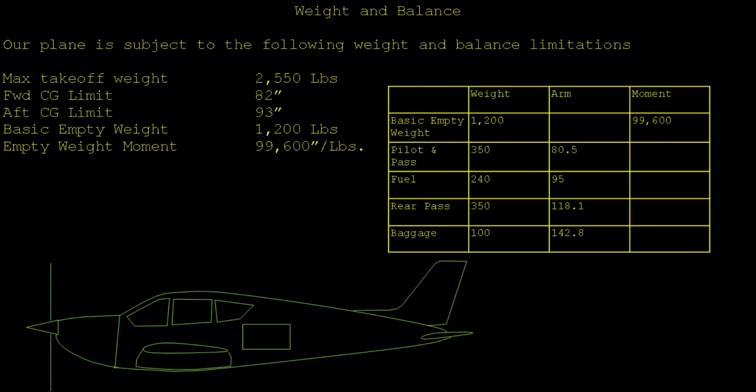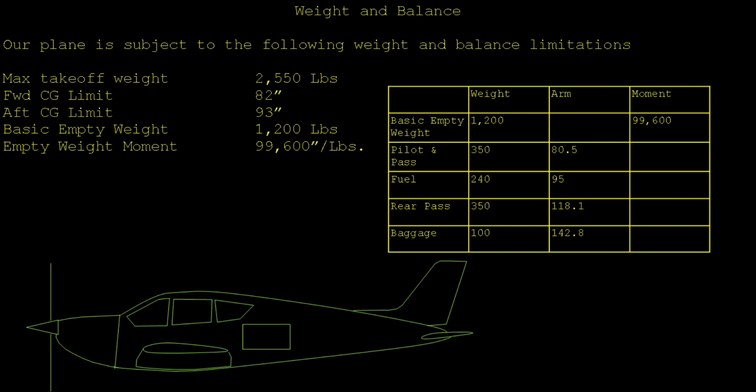Notice the basic empty weight moment is 99,600 inch-pounds, but there are no other moments listed. We need to solve for these. We find the moments by multiplying the weight times the arm and writing the moment in the column to the right.